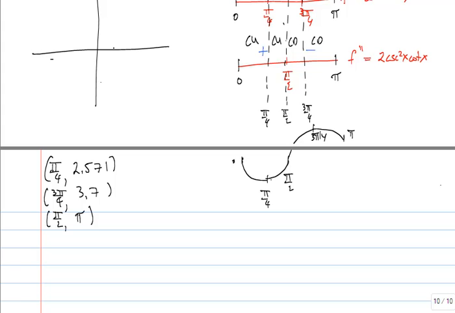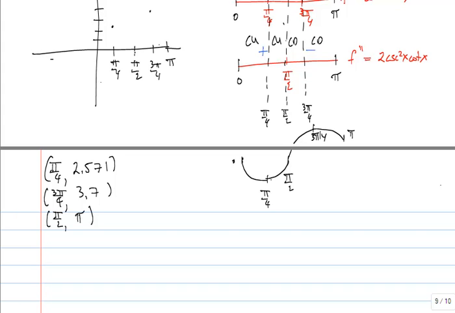So if we plot these points, here's pi over 4, here's pi over 2, here's 3 pi over 4, and here's pi. So we're going to have pi over 4 at about a little more than 2.5. 3 pi over 4 is at about 3.7.